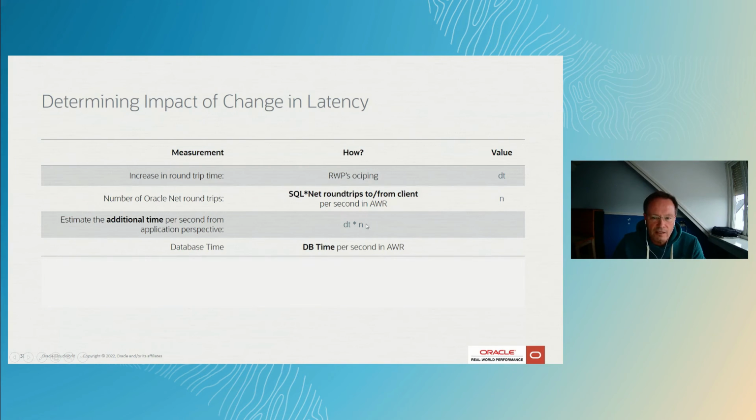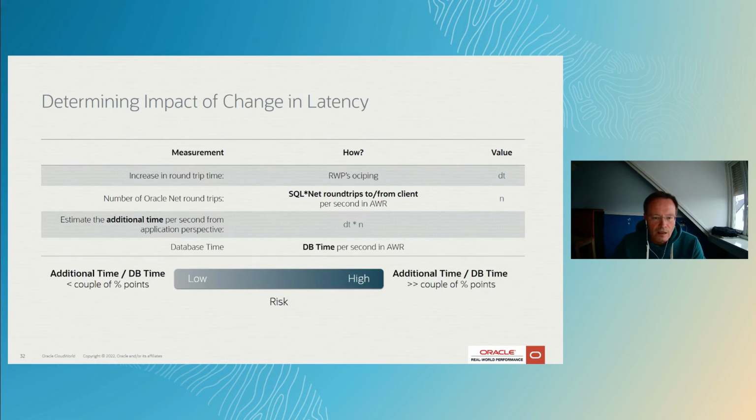Now, if you compare that number, dt times n, with the DB time per second in AWR, you get a percentage. If that fraction of additional time versus DB time is small, just a few percentage points, then very likely moving the database will give you very low risk of latency-related performance issues. If it's a high percentage, then you definitely may have an issue.